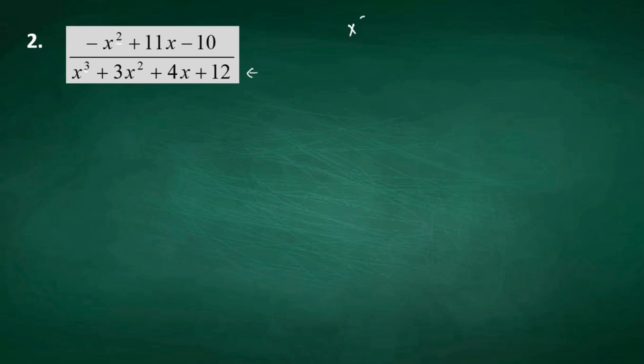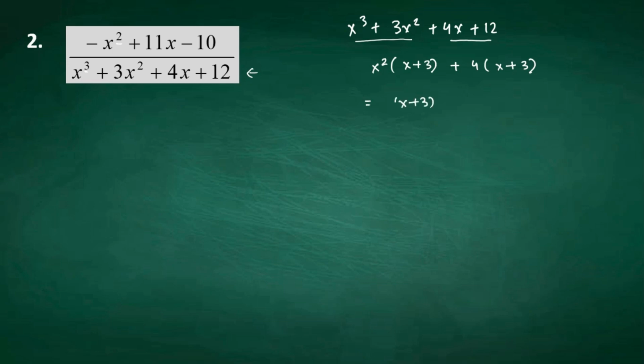So you can say x cube plus 3x square plus 4x plus 12. If I make pairs of the first two terms and the next two terms, you can take x square common from the first pair, you obtain x plus 3, plus 4 on the next two terms, so you get x plus 3. So this can be written as x plus 3 times x square plus 4.